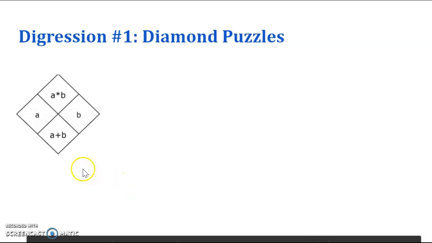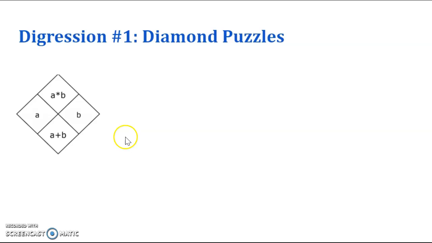So in order to do that, we're going to digress into diamond puzzles that we covered last semester, where you have two numbers a and b, and then the top of the diamond, or top of the x, is a times b, a multiplied by b, and the bottom number is a plus b.